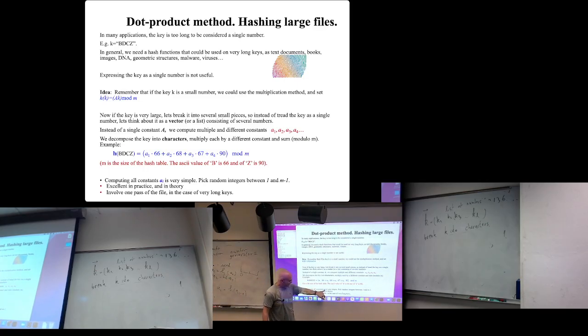What will be your hash function? Your hash function earlier was to pick one constant A. I'm not doing it anymore. I'm not picking one constant A. Instead, I will pick a sequence of constants A sub i.